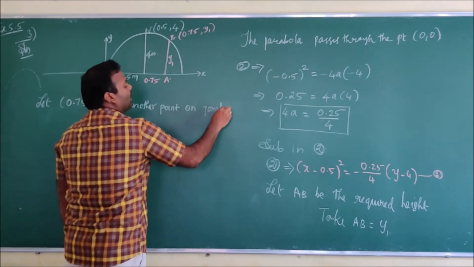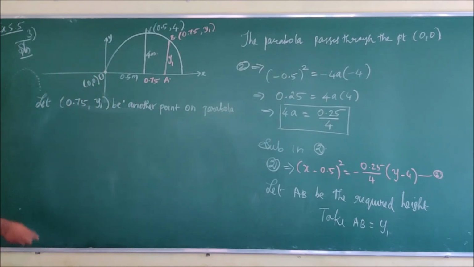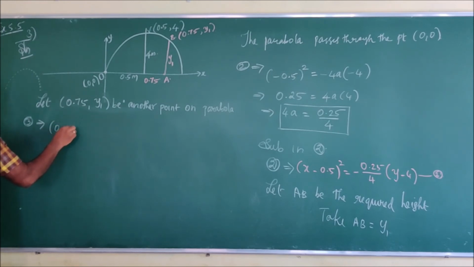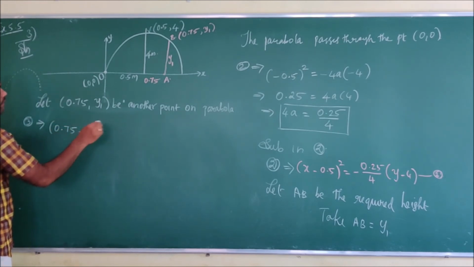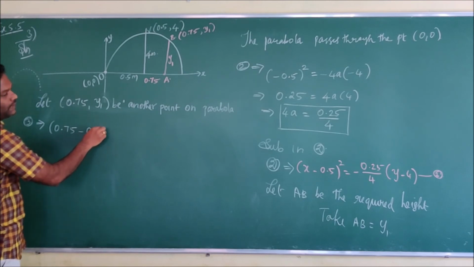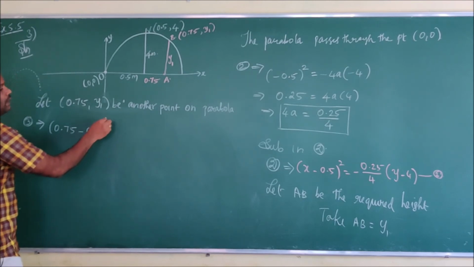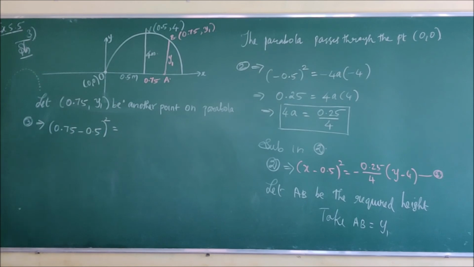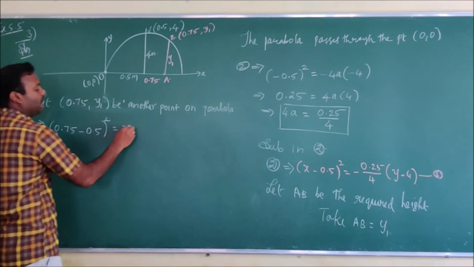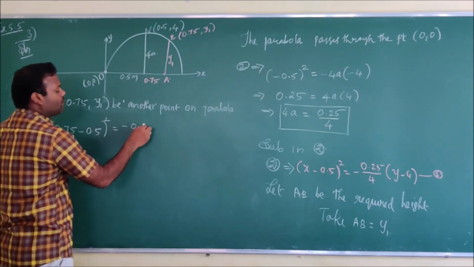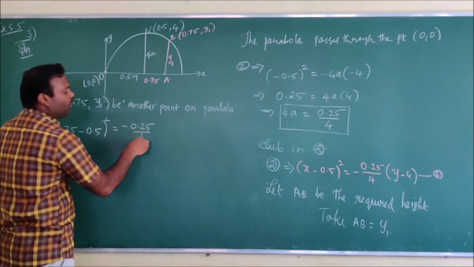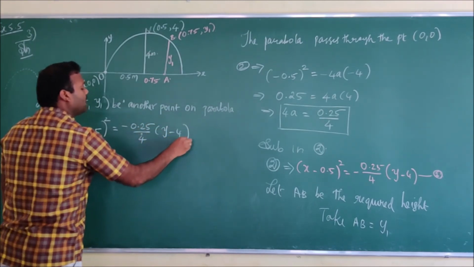Okay. So you have to substitute this point in the third equation. For x you have 0.75, so you get 0.75 minus 0.5, the whole square, equal to minus 0.25 divided by 4 into y minus 4.